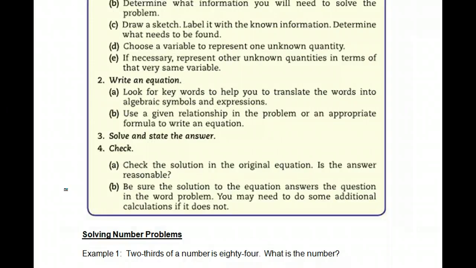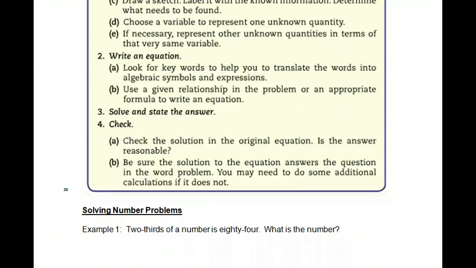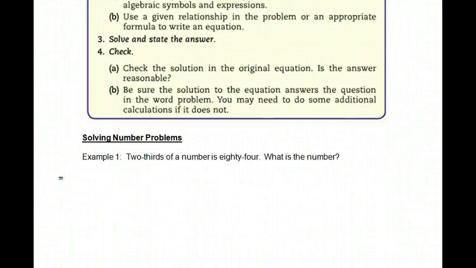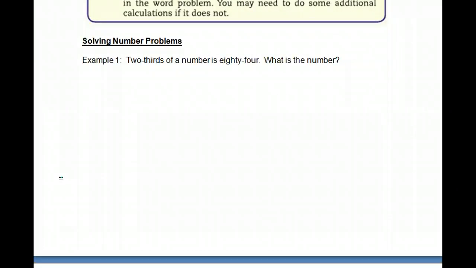Check the solution in the original equation. Is your answer reasonable? And be sure that the solution to your equation answers the question in the word problem. You may need to do some additional calculations if it does not. So what we're going to do now is look at some examples.